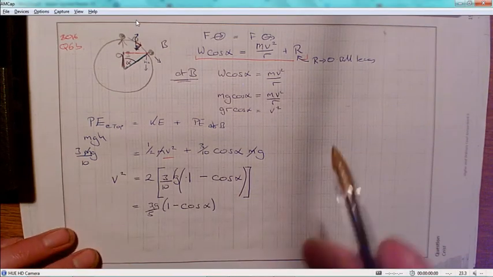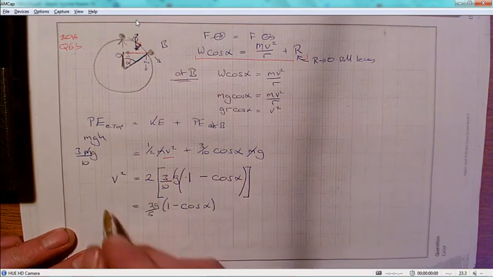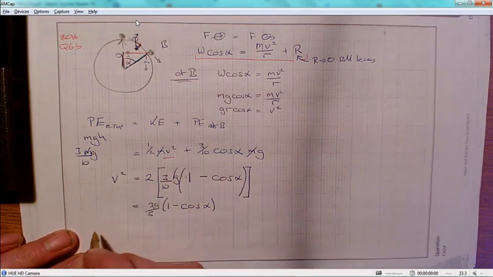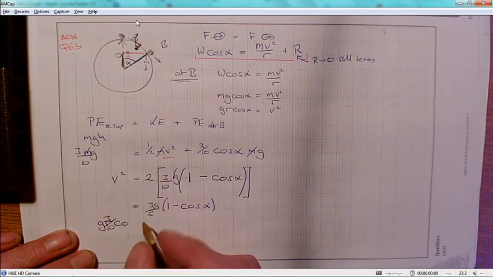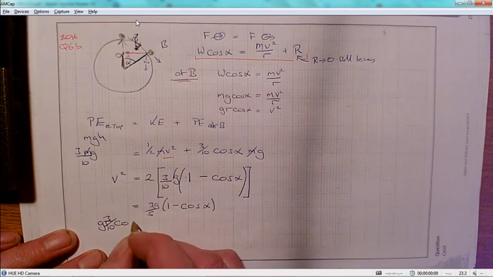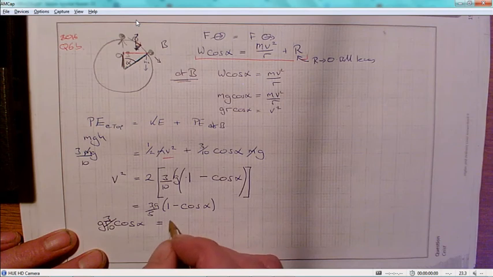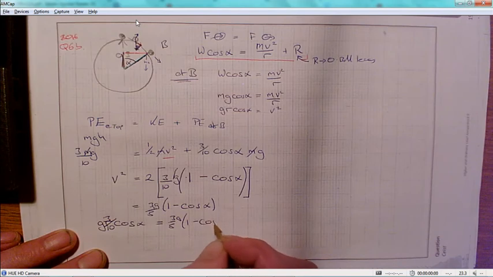So we have to find v squared and v squared here, so these two are equal. I'll write it out fully. g r is 3/10, I said this earlier, 0.3 of a meter. So 3/10 g cos alpha is equal to v squared, which is equal to 3g over 5 times 1 minus cos alpha.